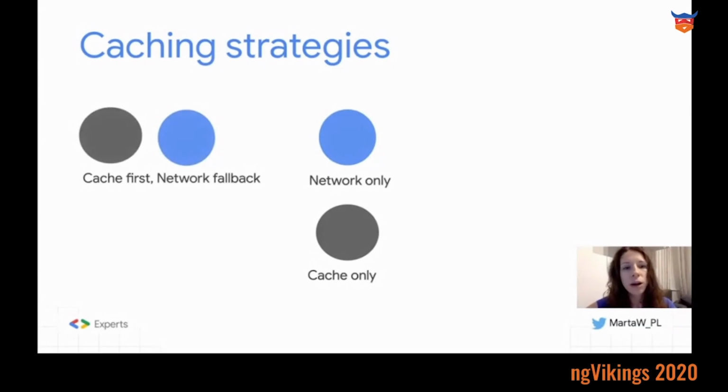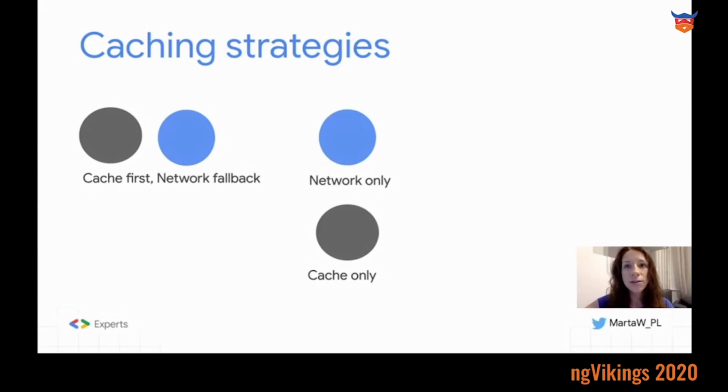From a practical perspective, we can use combinations of the cache and the network to improve our app. For example, we can check if we have access to the cache. If we can get files from cache, we use it. If not, we try to get it from network.